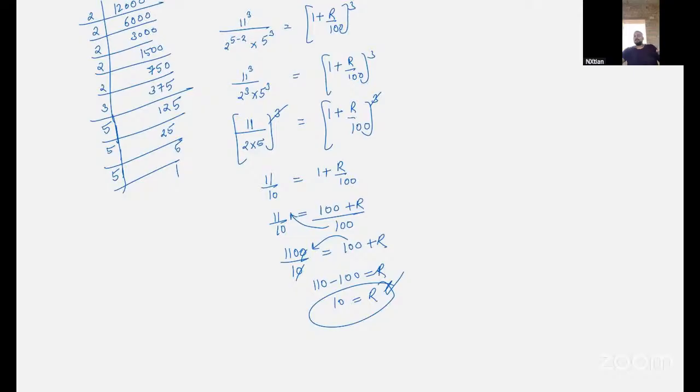Missing steps will often give an error to your answer, and the examiner will think maybe at the last moment he wrote it from somewhere else. The examiner doesn't know who we are; the examiner knows only that there is a student, even the name is not mentioned.